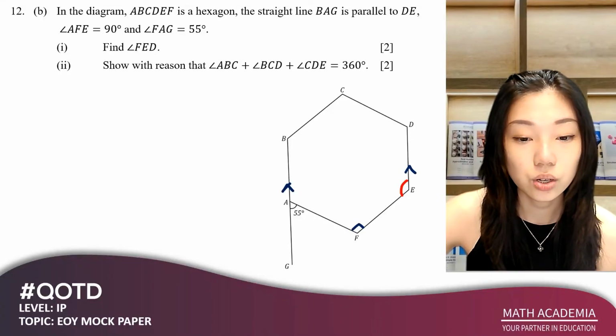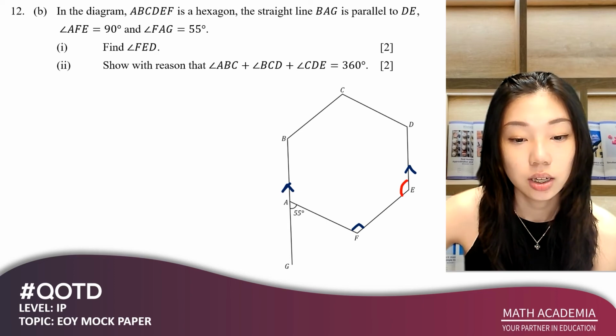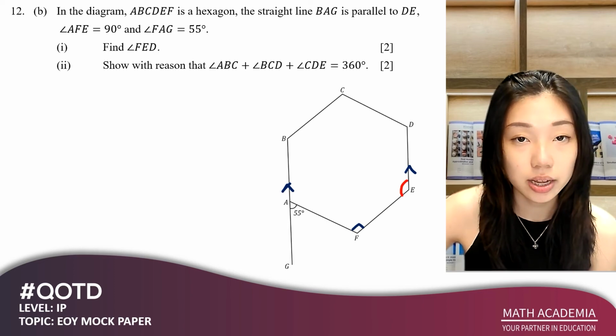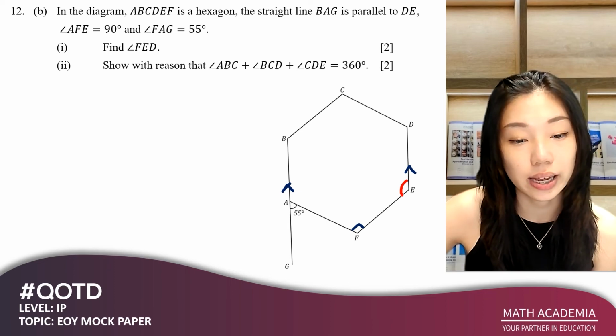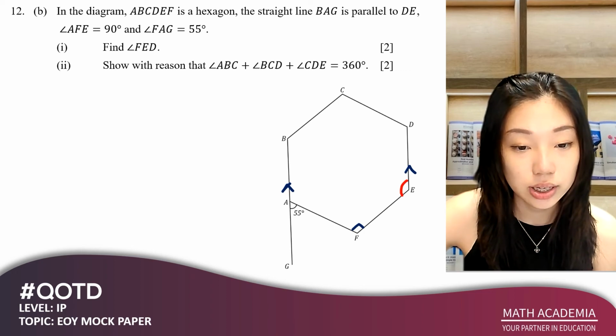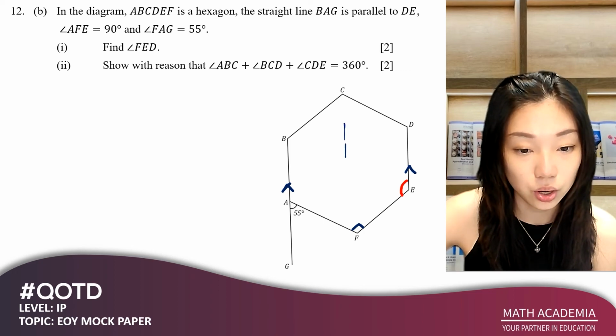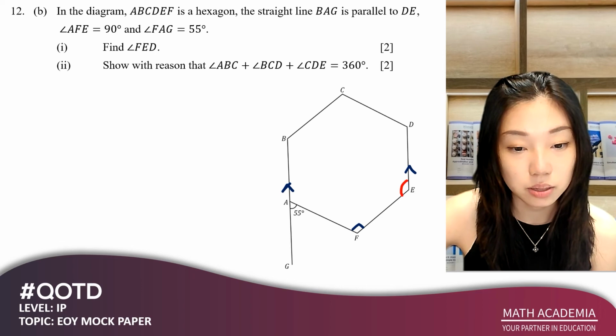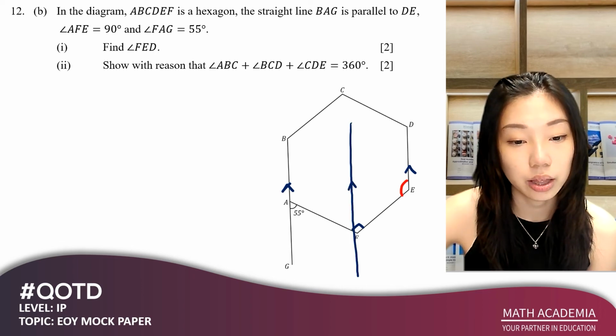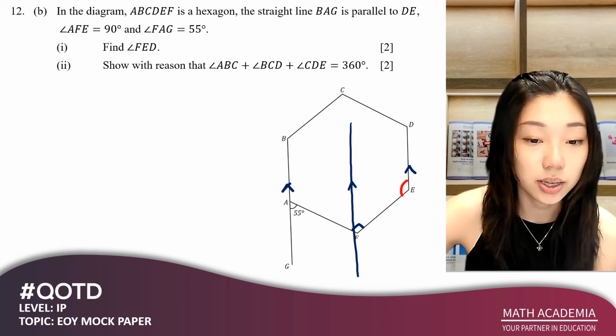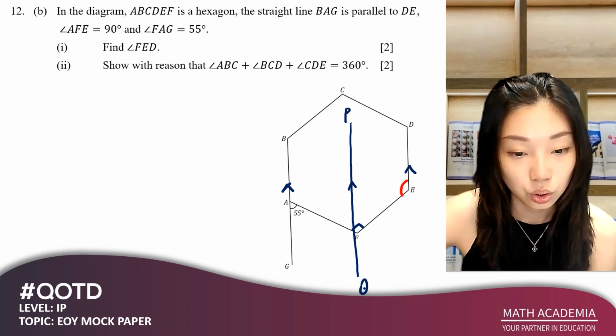To find this angle over here, I have a pair of parallel lines, but there is no straight line that joins these two parallel lines. So of course, I would add my own parallel line through F. Let me name this PQ.